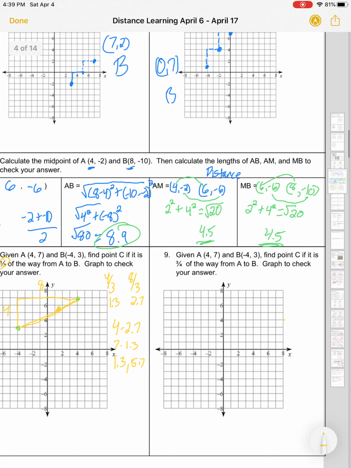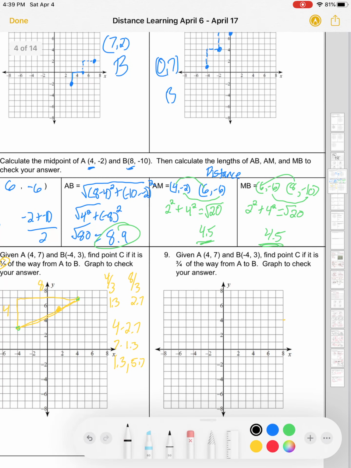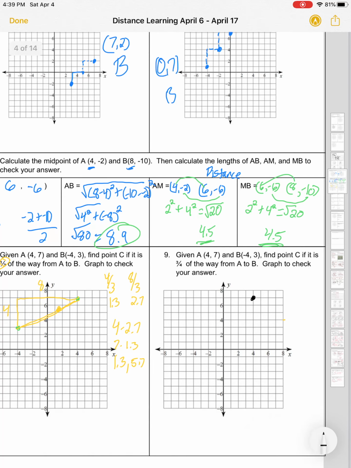Okay, number 9, similar idea, same location of the dots, 4, 7 and negative 4, 3.